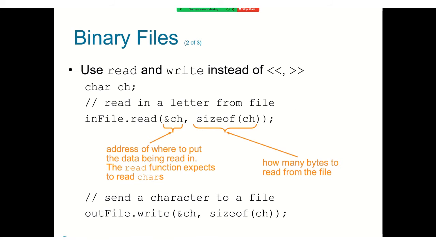Then you have to use read and write instead of these functions. Remember, these other functions are used for ASCII, not binary. For binary, you have to use read and write. So you do inFile.read, and then you pass by reference, the address.